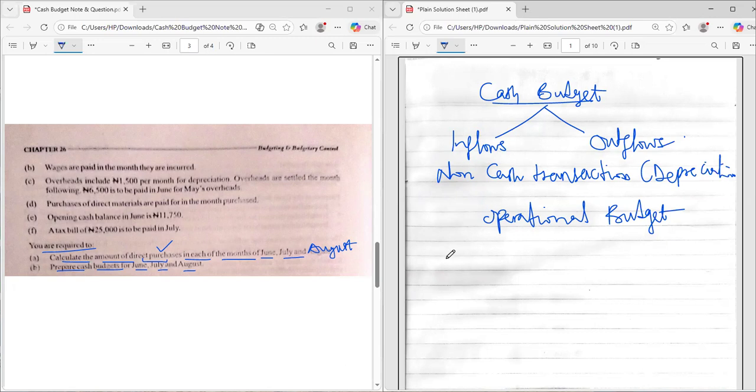It may include a purchase budget, which is being prepared by the purchase department. Make sense? It may include labor budget, maybe HR preparing that.